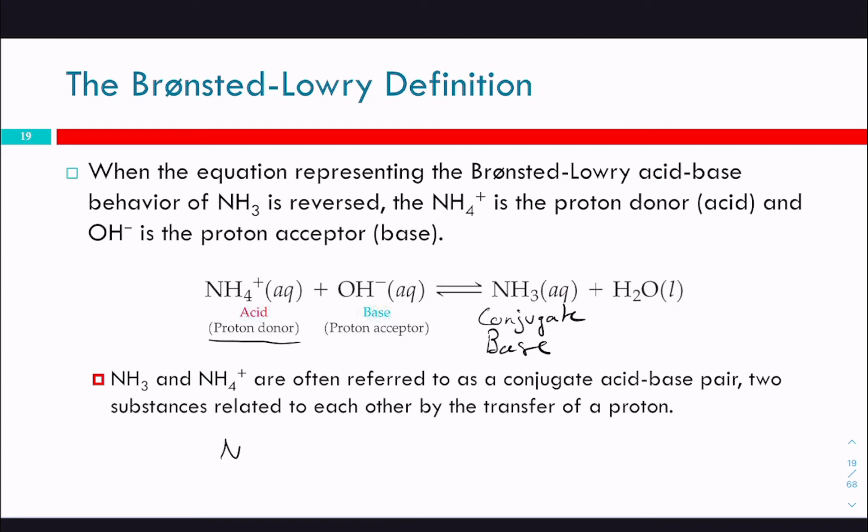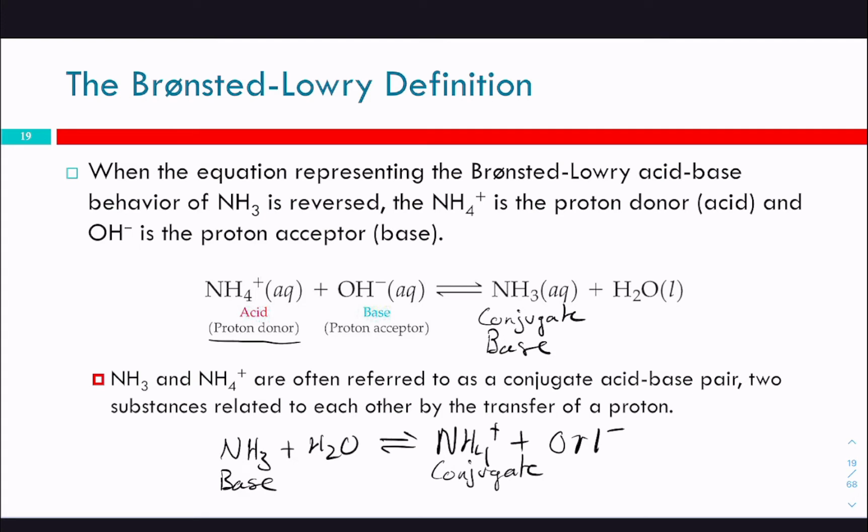If we write this going the other direction, NH3 plus H2O gives NH4 plus and OH minus, right? So I took that reaction and wrote it the other way. Now NH3 is a base, and NH4 plus is its conjugate acid.